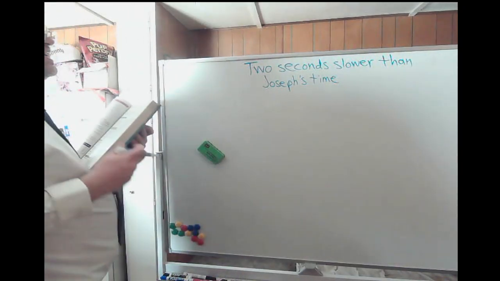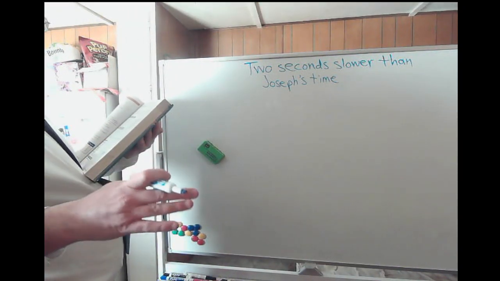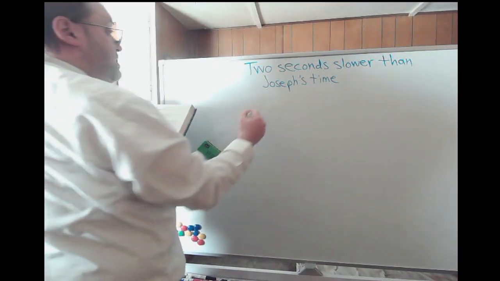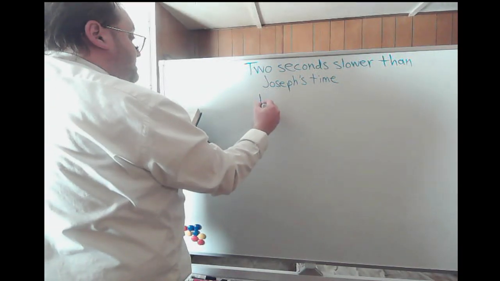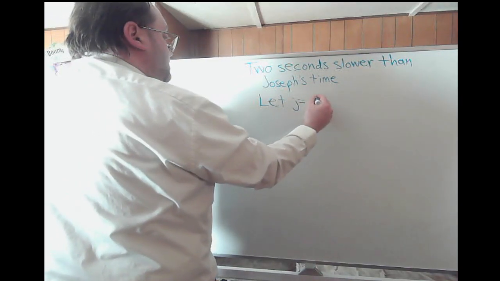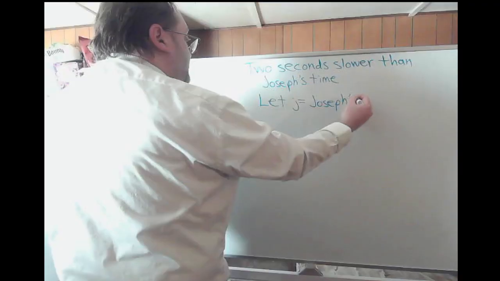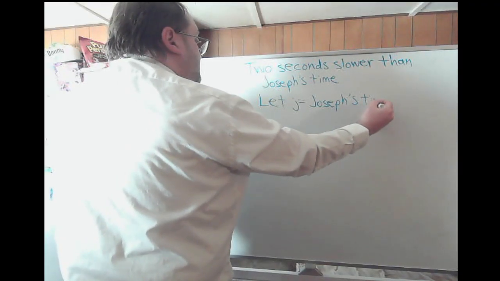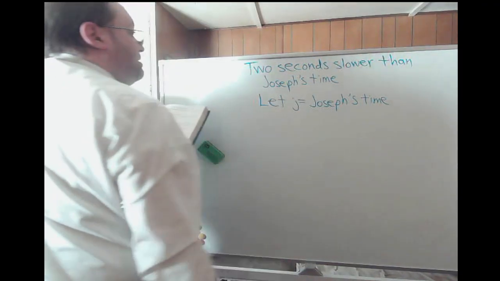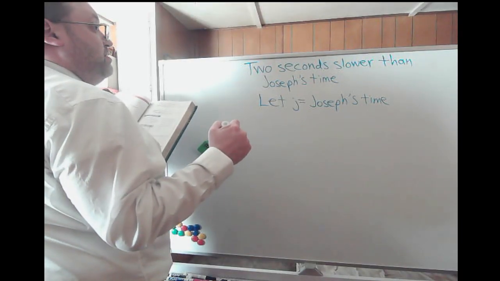So we have 2 seconds slower than Joseph's time. Well, we don't know Joseph's time, so that'll be the variable. Pick a variable, use a let statement. We'll say let j equal Joseph's time. I think that would be a good variable as j. So let j equal Joseph's time. So we have 2 seconds slower than Joseph's time.